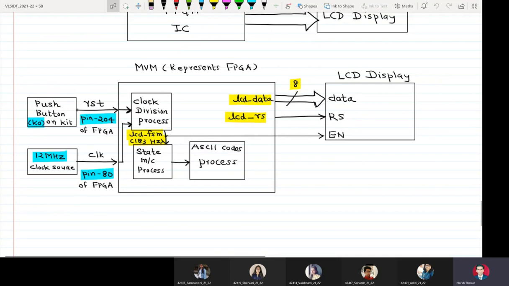And here I have shown a connection between my first process and the second process, and the connection between the first process and second process is the signal called as LCD underscore FSM. And this particular signal has a frequency of 183 Hertz.